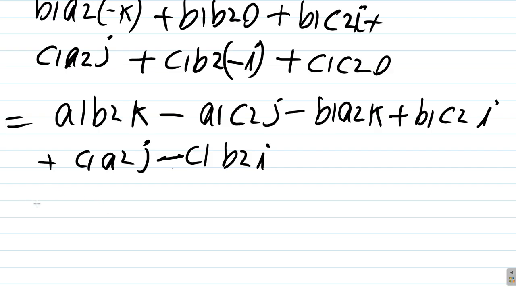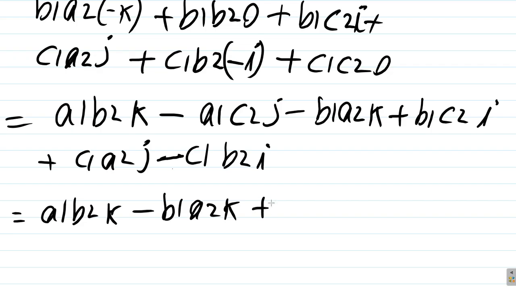Now let's put like terms together, the k's together. A1B2K minus B1A2K, plus the j's now. With the j we have a minus A1C2J and then plus C1A2J.